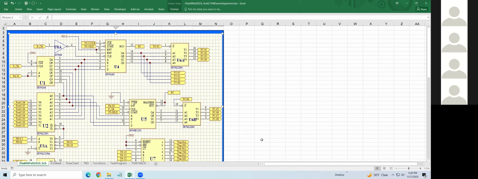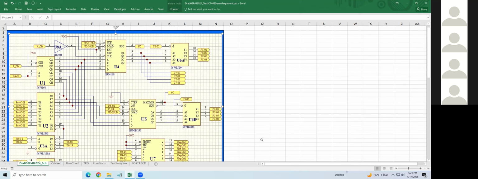U2 enable. How much do you understand when you're reading U2 enable? Has to be low.